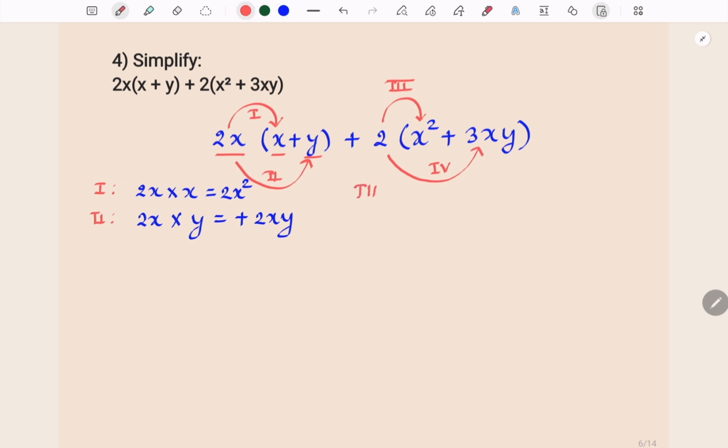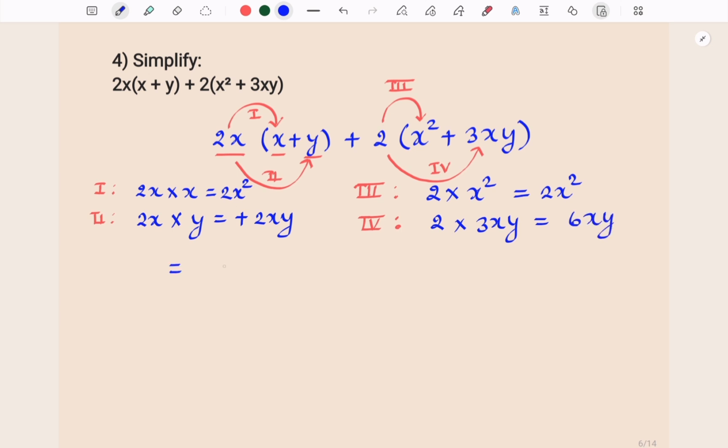The third multiplication is 2 multiplied by x squared, that is 2x squared. And the fourth multiplication, 2 multiplied by 3xy, that would be 6xy.